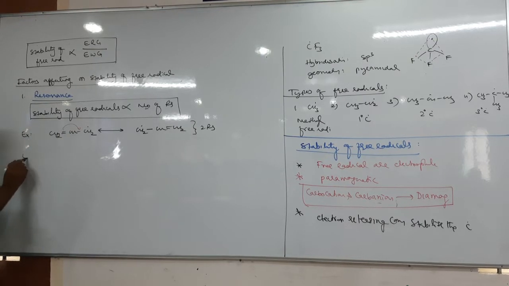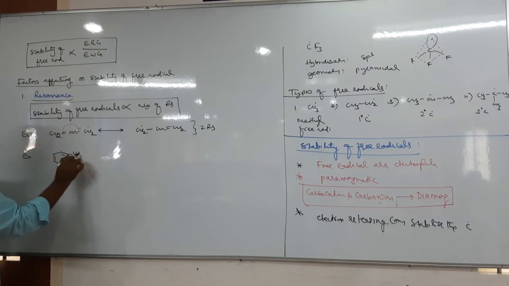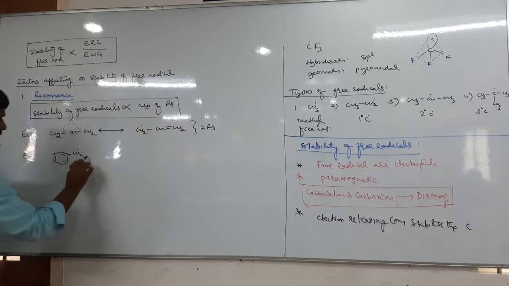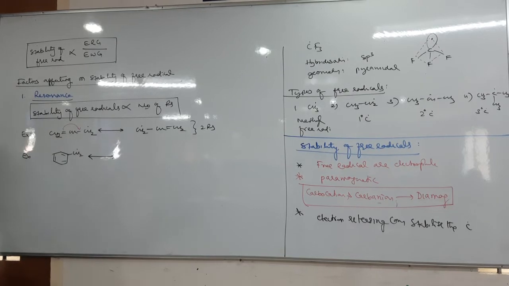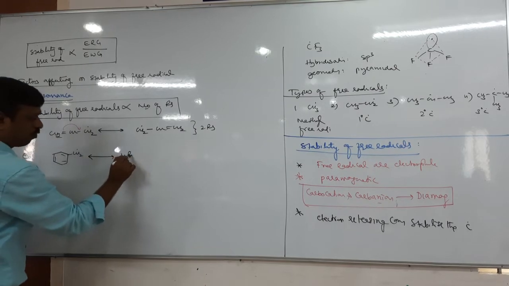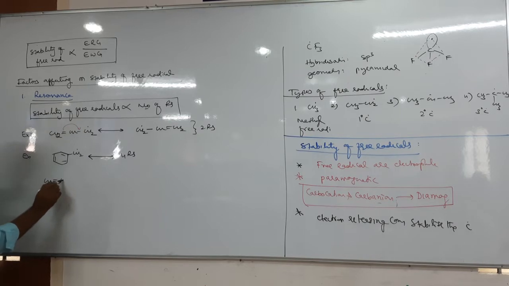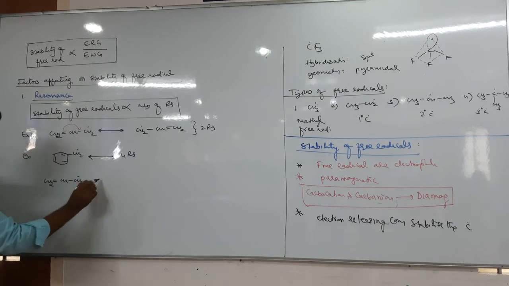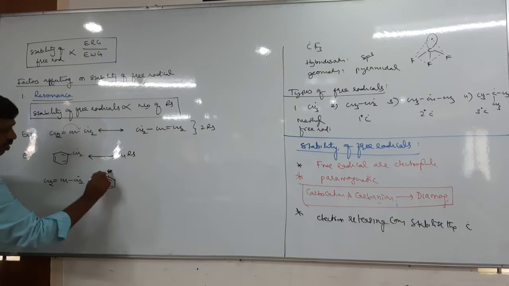Next, one more example, benzylic. The benzylic free radical also undergoes resonance. It forms how many? 3 plus 1, 4 resonance structures. Then among allylic and benzylic free radicals, which is most stable? Obviously benzylic is most stable compared to allylic.